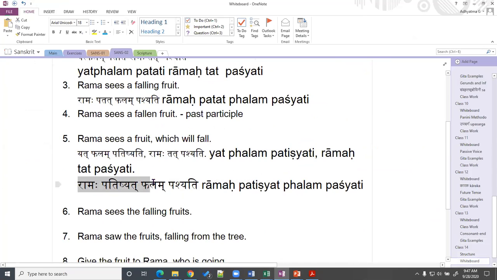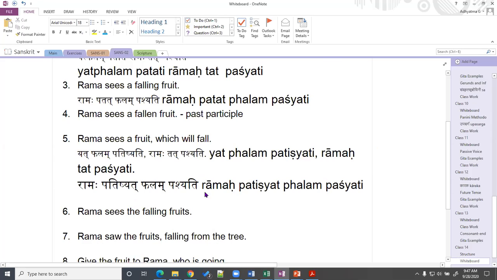Here it is a single sentence in Sanskrit. So patishyat is an adjective now. It's no longer a verb, and pashyati is the verb. Seeing is the verb. So the verb here is in the present tense, even though the participle is the future participle.